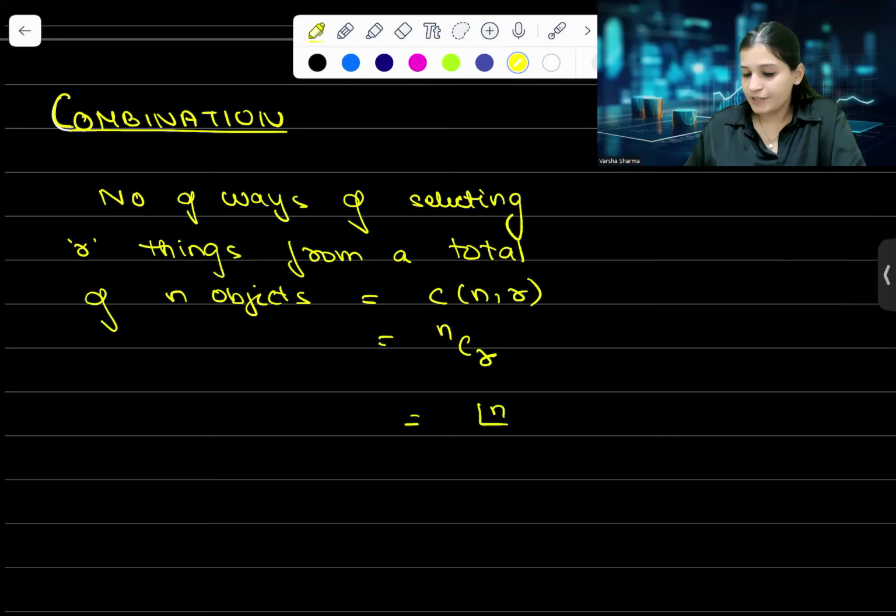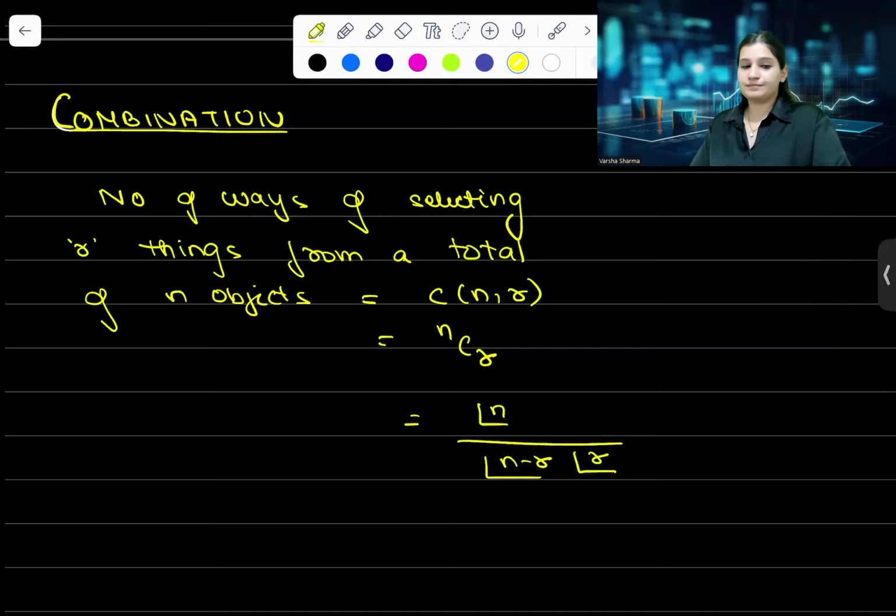The formula is factorial n upon factorial n minus r. This was already there in permutation also. In addition to that, we also have factorial r, where r can be 0, 1, 2, up to n, any whole number till n.